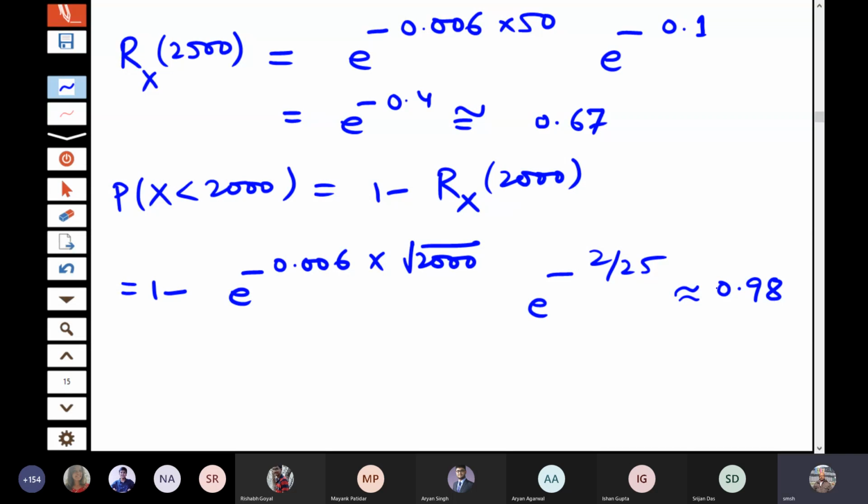okay, there is some mistake here. I think I will not write the final value here, you can check it. There is some small error in calculation, so you can check this value, e to the power minus this one.